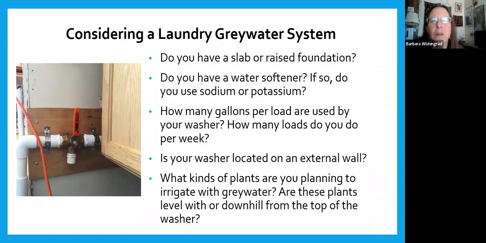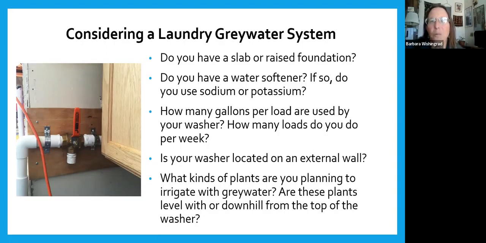That's because sodium is damaging to both soil and plants, so you don't want to be putting that out on the plants. And then you want to figure out how many gallons per load are used for your washer and how many loads you do per week. Again, it's really easy if your washer is located on an external wall.